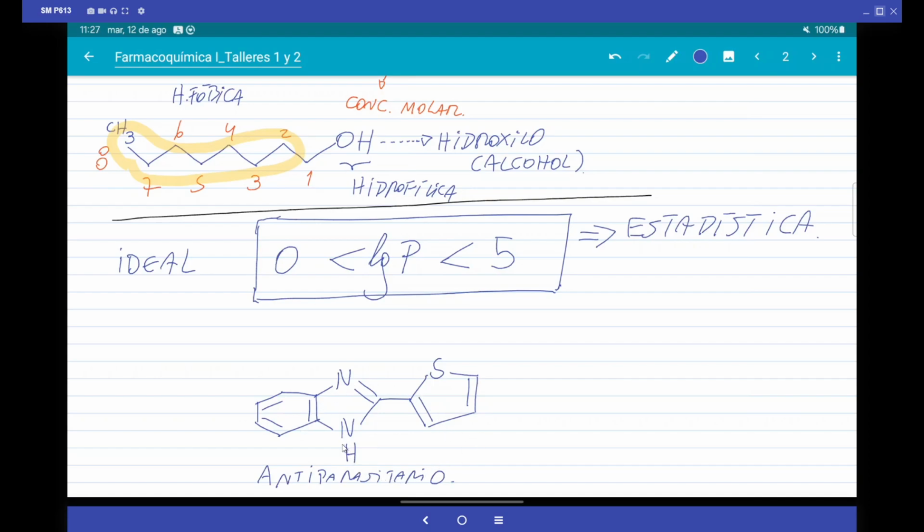Let's go now to the logP issue. This logP value ideally should be below 5, so that I have a good oral absorption. I use some software to obtain this information. Allow me a moment here to adjust the image.